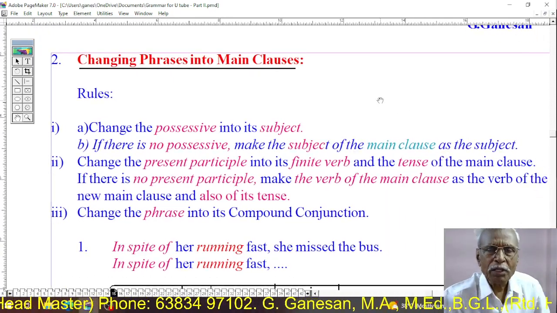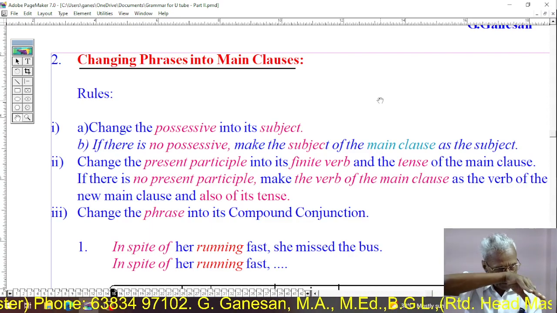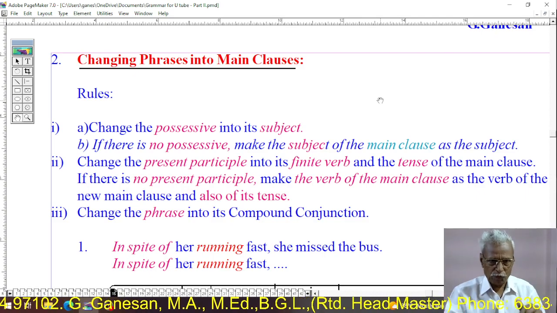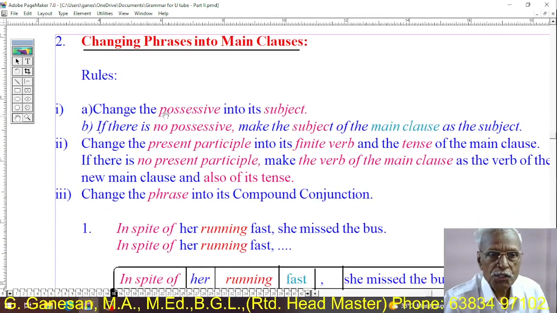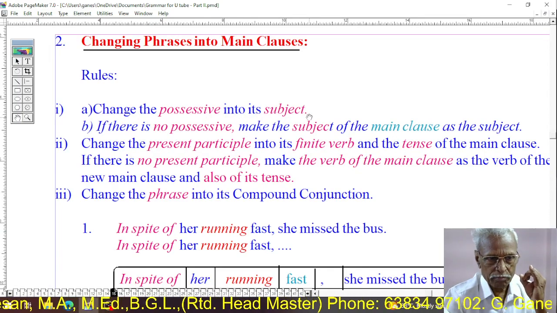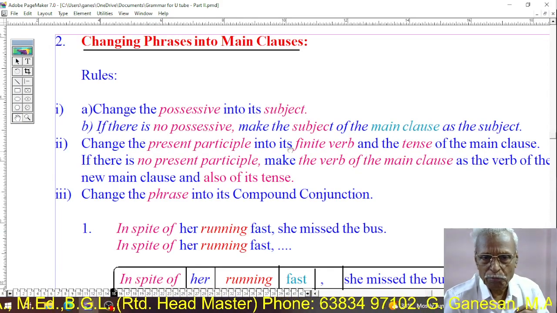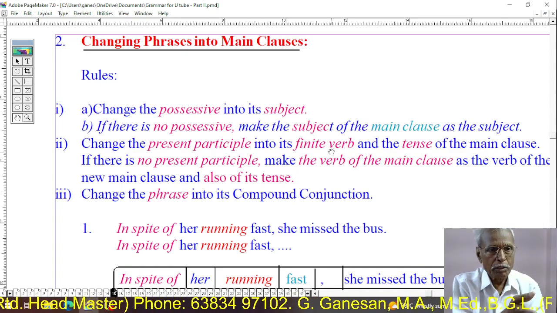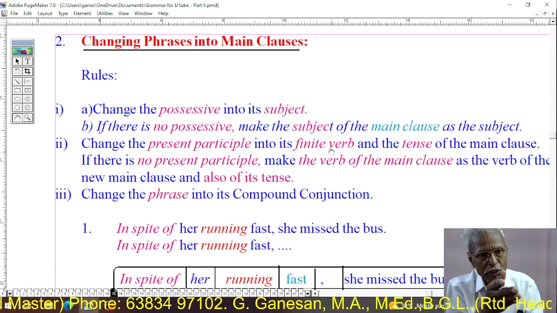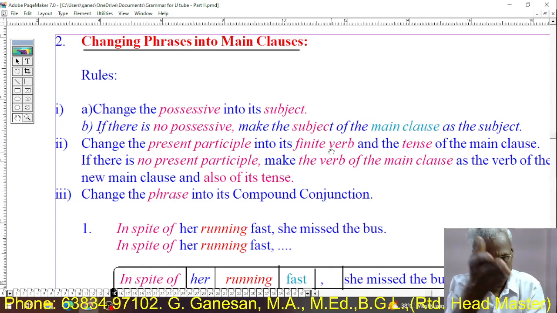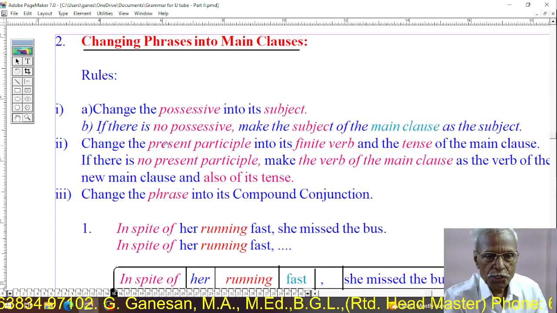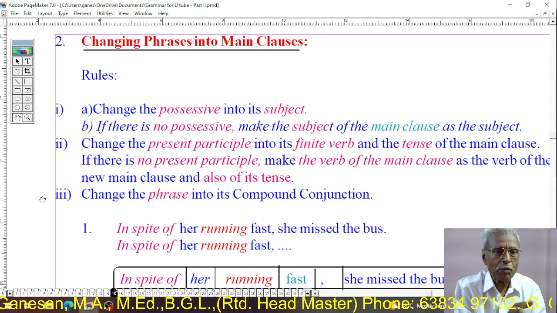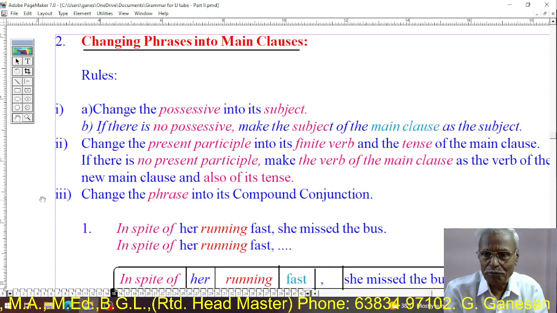Here we are going to see the rules to change a phrase into a main clause. Let's see the three rules. First, change the possessive into the subject. If there is no possessive, make the subject of the main clause the subject. Rule 2: change the present participle into a verb in the tense of the main clause.